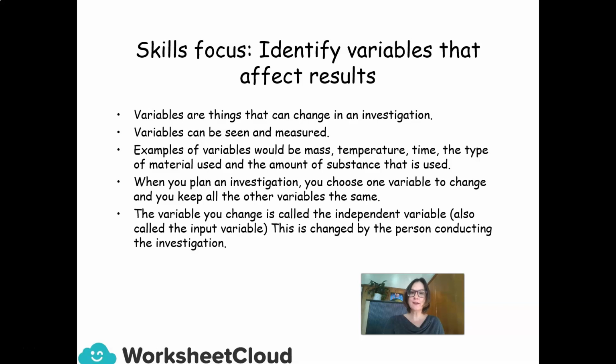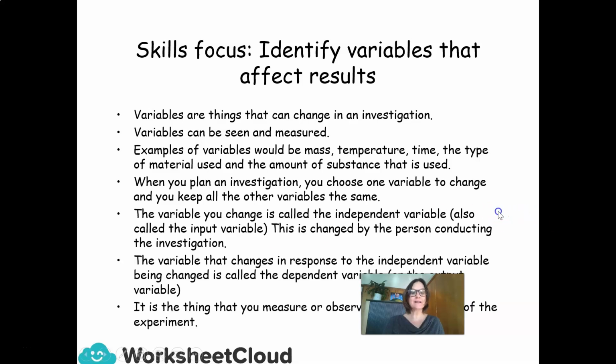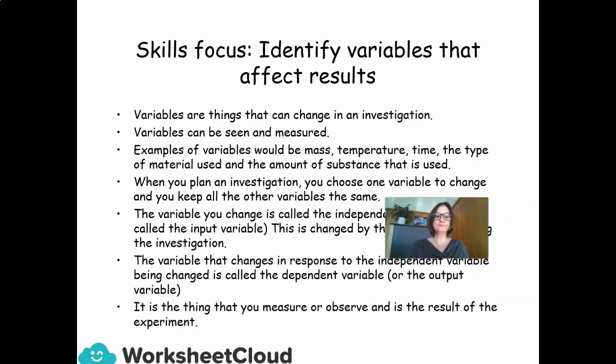Now, don't stress, don't panic, deep breaths if these are all new words to you. As I continue through my slides, it will start to make more sense to you. Okay, so the variable you change is the independent variable. It's also the input variable, and it's changed by the person conducting the experiment.